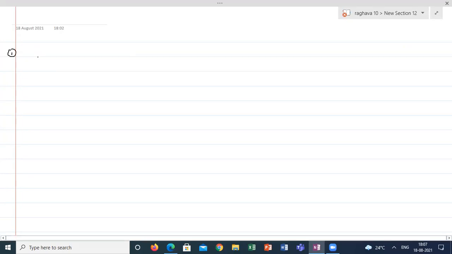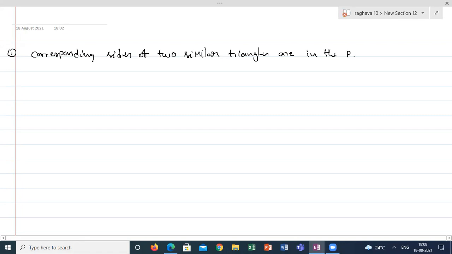Corresponding sides of two similar triangles are in the ratio 2:3.